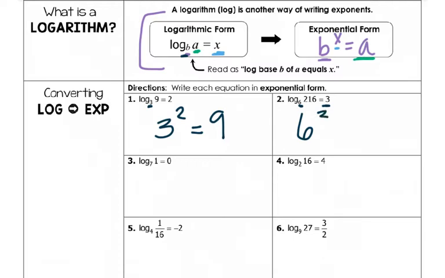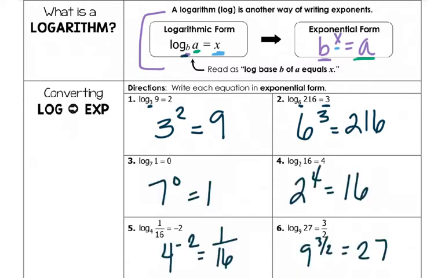So 6 to the 3rd power equals, and then it's going to equal 216, because if we look at our rules at the top, that is what is in green. And so you look in your log function, pull out that number, and write it in your exponential form. Now, I'm going to pause it. I want you to do 3, 4, 5, and 6, and then unpause it, and we will check it.